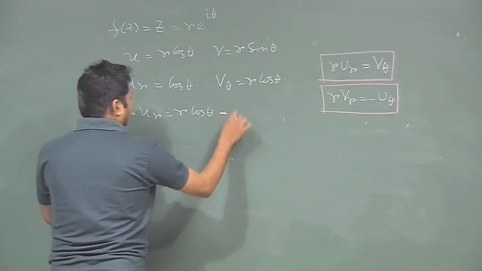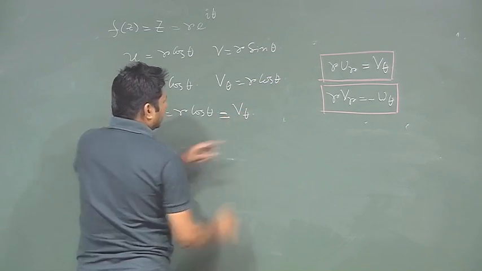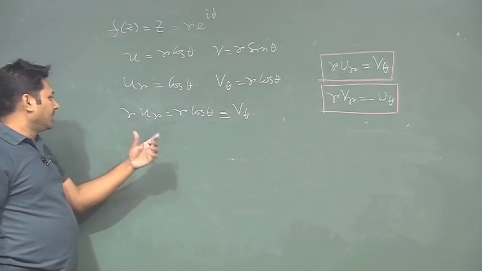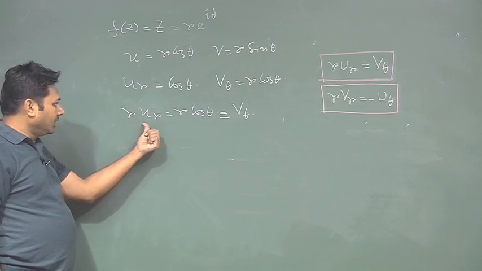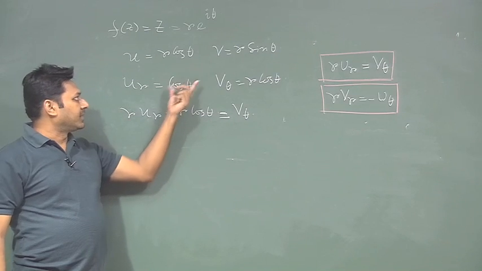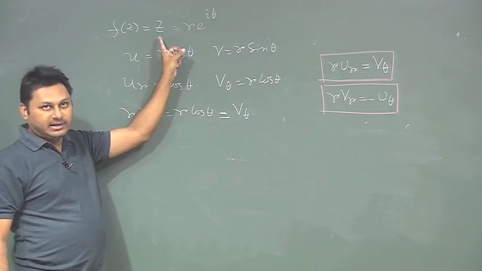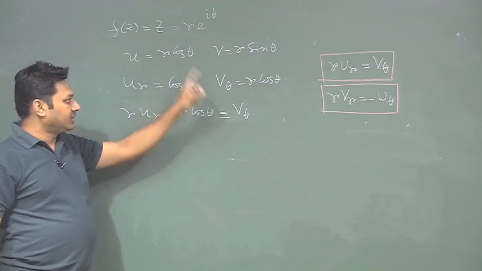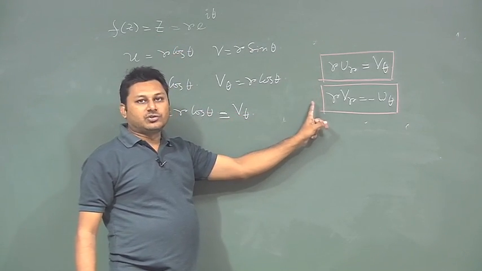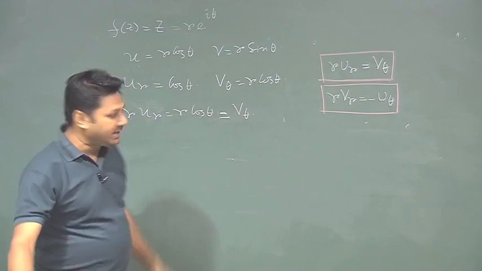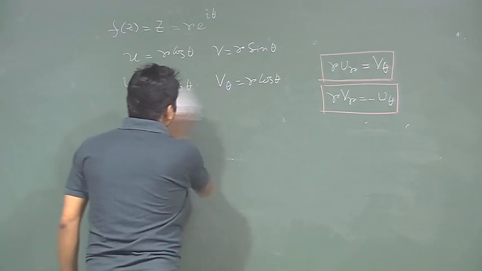So, this is v theta. So, the first equation they satisfy quickly. First equation, r u r is v theta, they are satisfying. So, z, the most simple function, I am taking, because it is an analytic function. If it is an analytic function, whether they are satisfying this Cauchy-Riemann equation in polar form or not, I am taking this as polar form. So, first thing I check.